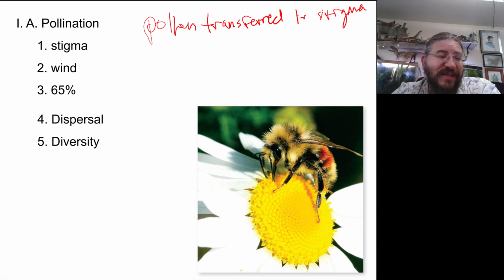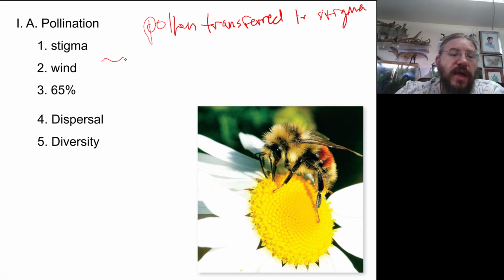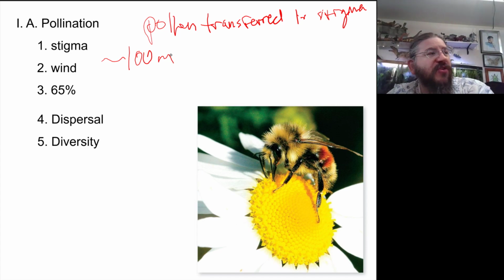Wind-blown pollen doesn't travel super far. Roughly 100 meters. For those of you who can't visualize metric very well, that's 333 feet. 11 Oscar lengths. My dog Oscar, he's about 3 feet, so 111 Oscar lengths, excuse me. If you lined up my dog 111 times, that would be about as far as wind-blown pollen can travel.